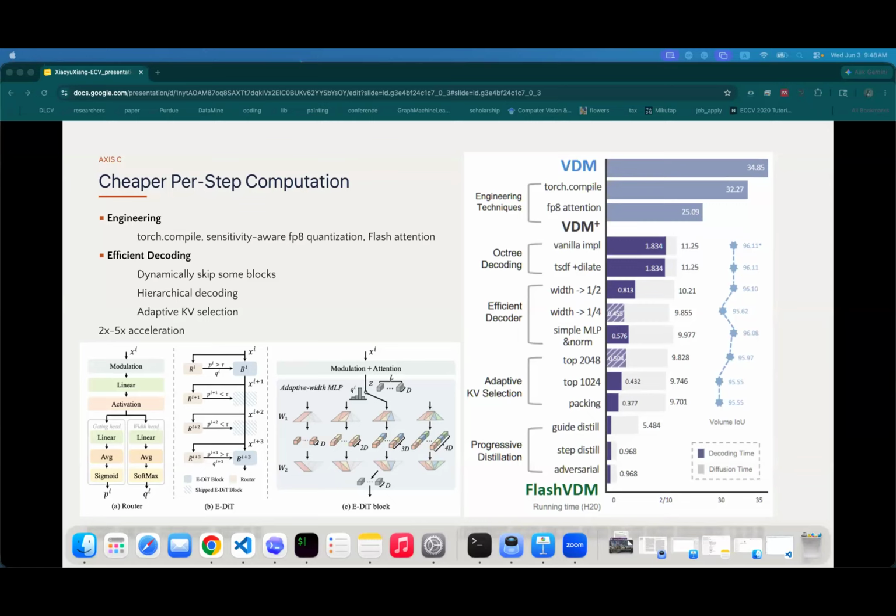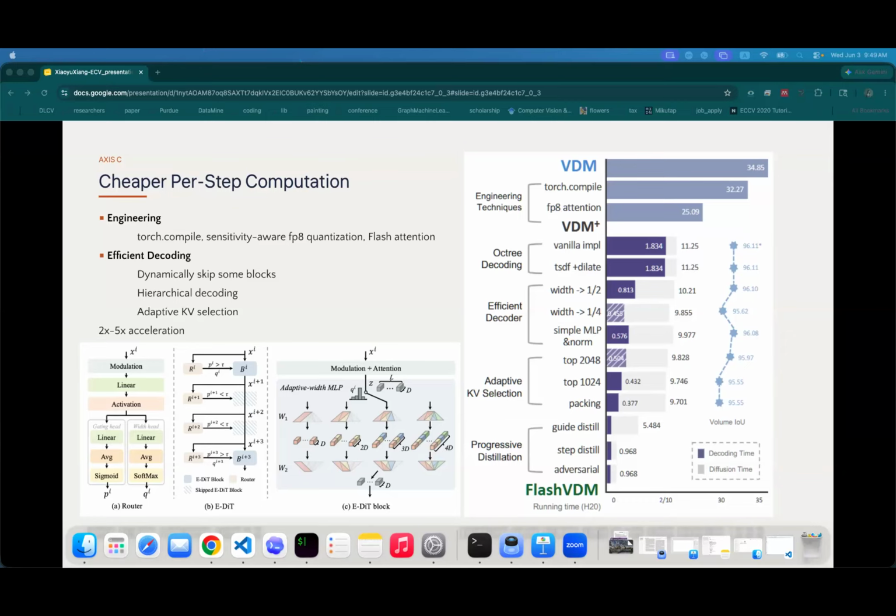Another insight is about 3D decoding. A dense SDF decoder wastes computation by querying the entire volume, even though only the surface-near regions actually matter for the mesh extraction. So hierarchical decoding can turn this into an octree-like coarse-to-fine process. Decode the coarse area only, identify the likely surface regions, and refine only these regions.